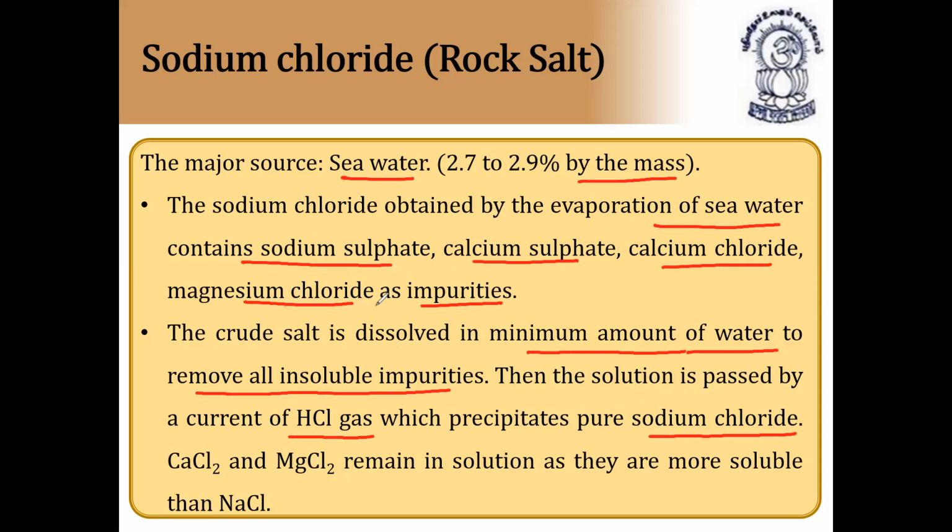To remove these, the crude salt is dissolved in a minimum amount of water, then HCl gas is passed through. In this way we get pure sodium chloride, and calcium chloride and magnesium chloride remain in solution as they are more soluble than sodium chloride.